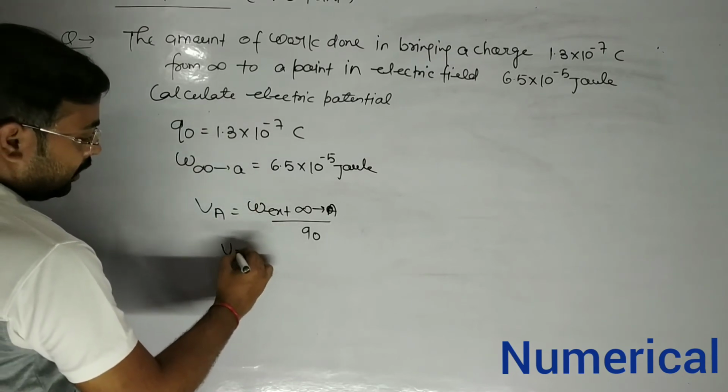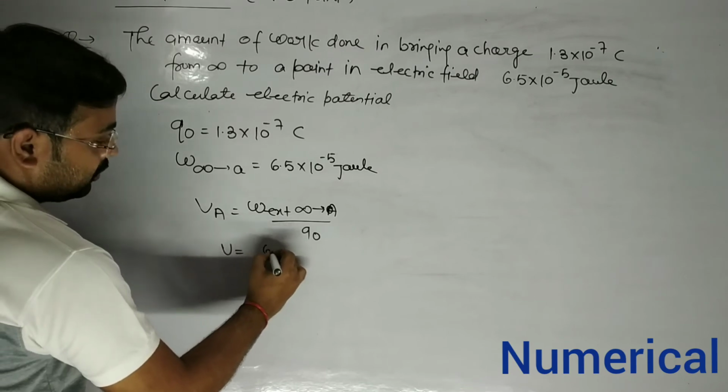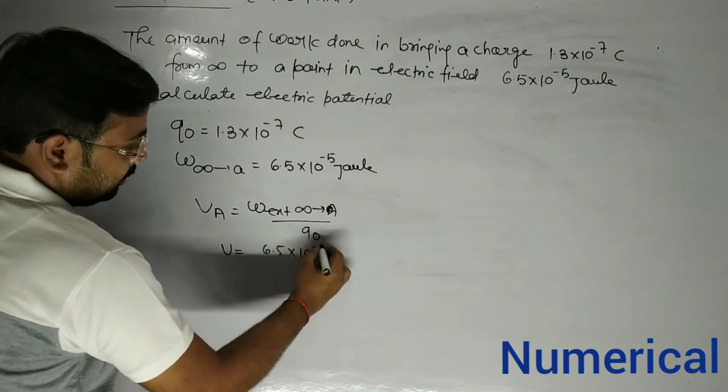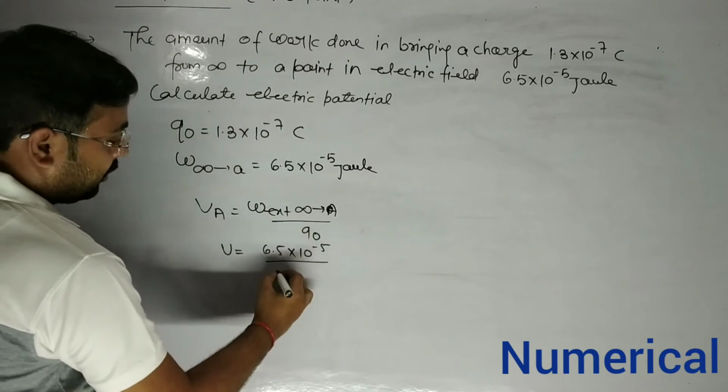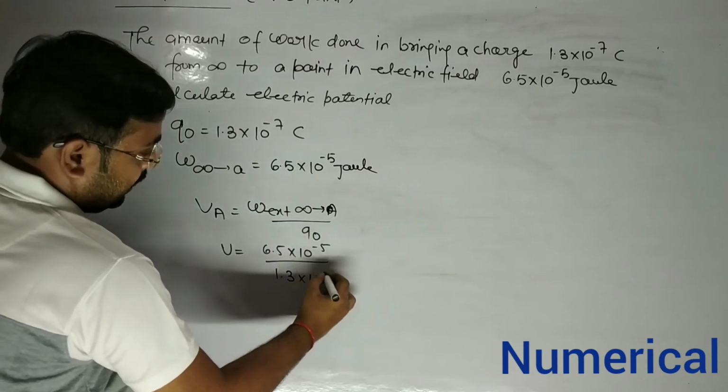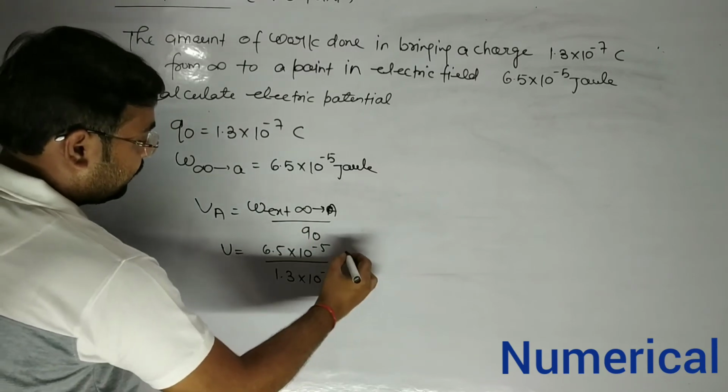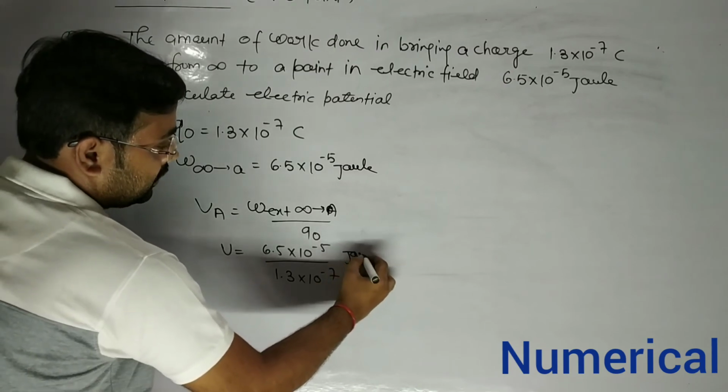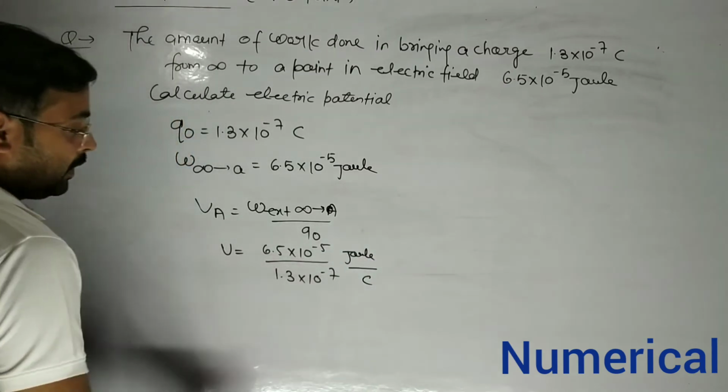So V equals W upon Q naught, 6.5 into 10 to the power minus 5 upon 1.3 into 10 to the power minus 7. That is joule, that is coulomb.